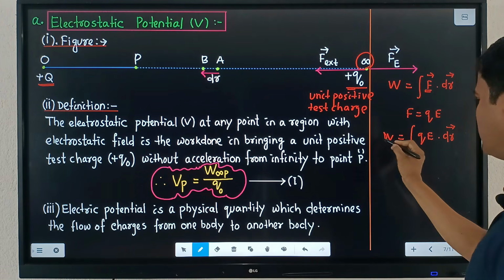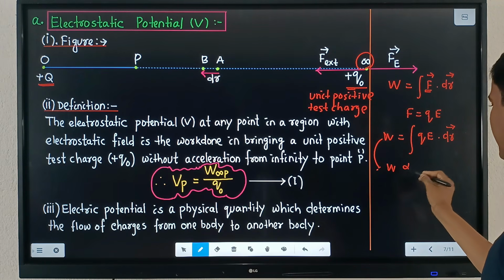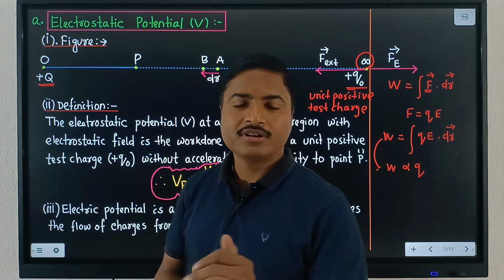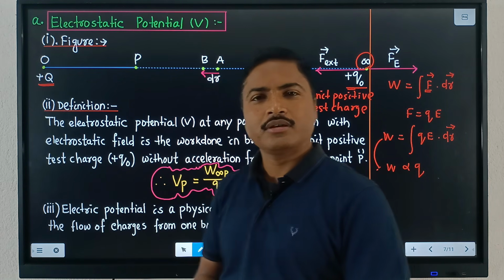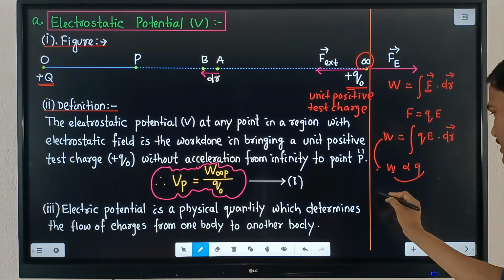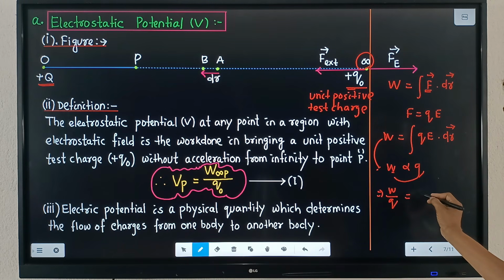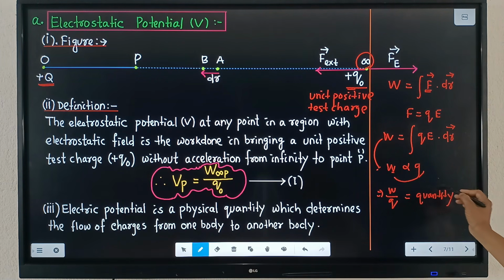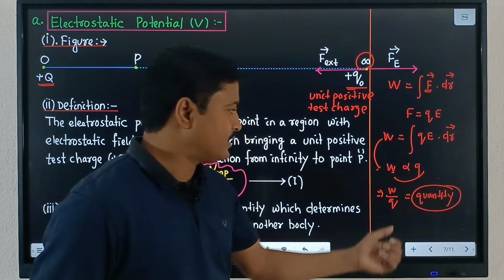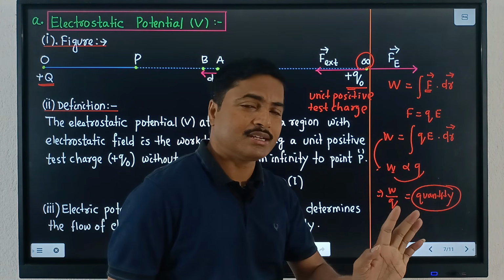That means from this expression we see that work done depends upon the test charge. Clear? If we divide the work done with Q, then W by Q gives another quantity, and this quantity does not depend upon the test charge.